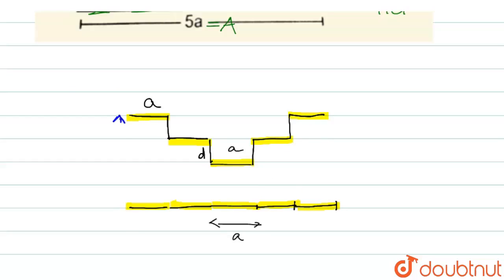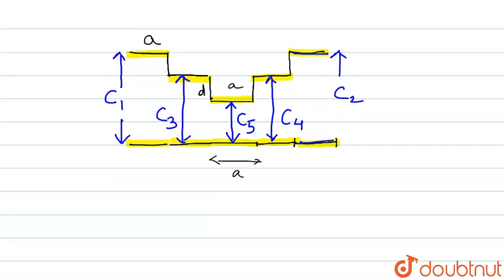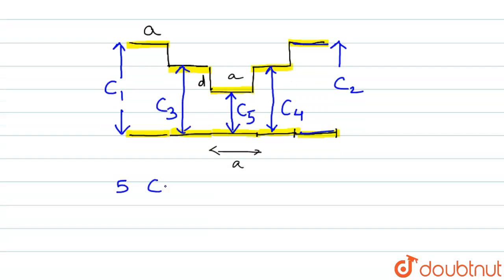Let the capacitor formed by these two plates be C1, and the capacitor formed by this plate and this plate be C2. Now let the capacity between these two plates be C3 and between these two plates be C4. And the last capacitor is this. So there are a total of 5 capacitors which are connected in the parallel combination.